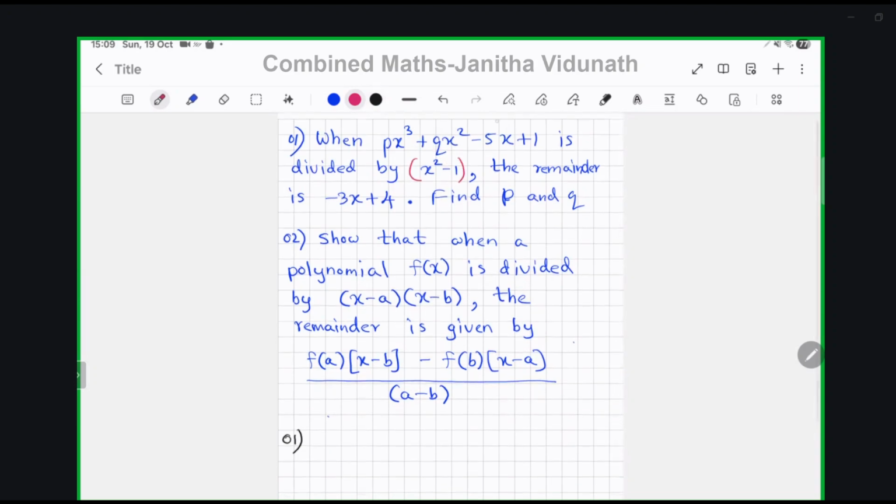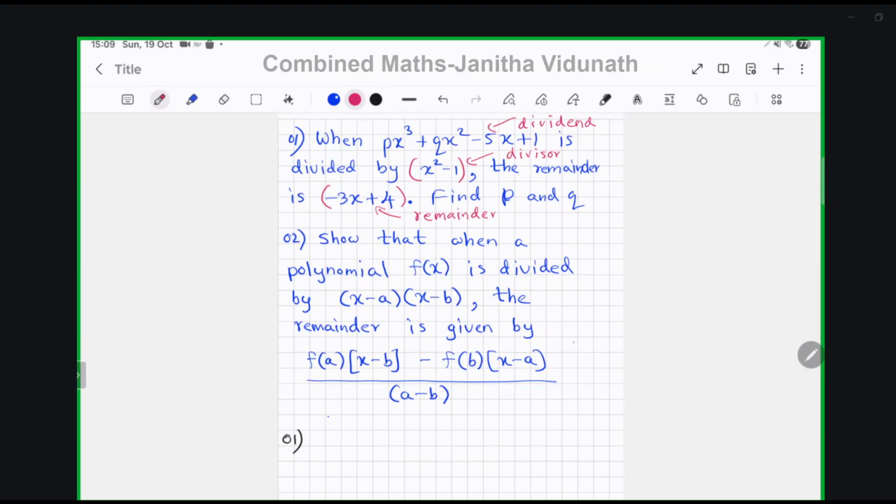So, this is our dividend and this is our divisor. Then they have mentioned that the remainder is minus 3x plus 4. Then this is our remainder.